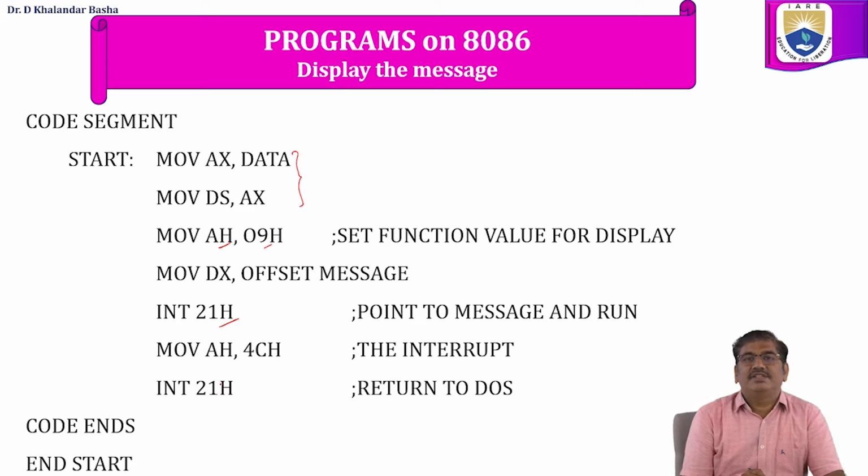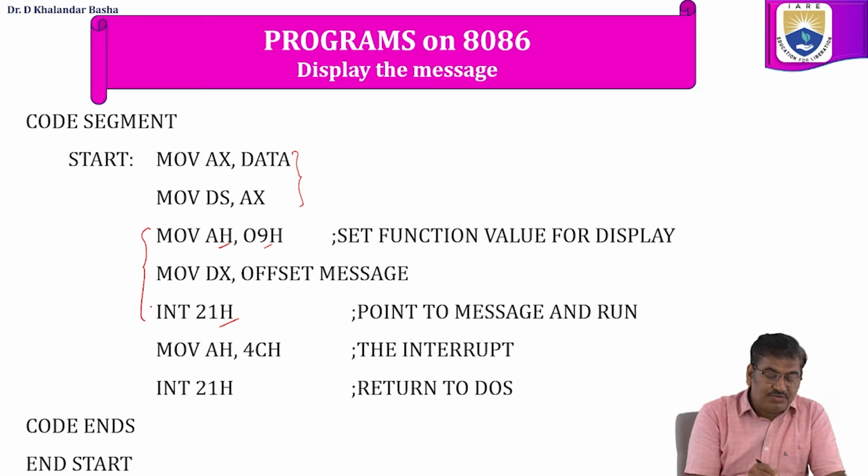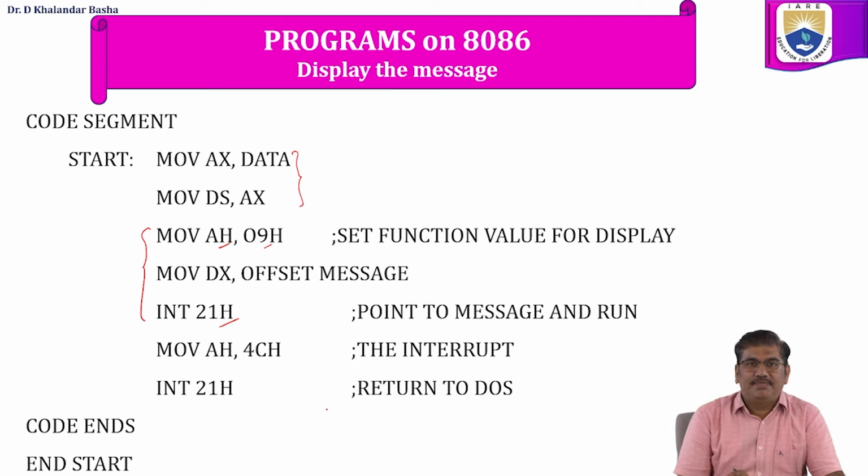So for displaying the message on the CRT, we load the code value 09H into the AH register, then INT 21H. Before that, we have to load the offset address of the message in the data segment into the DX register, then issue INT 21H. So these three instructions are for displaying the message.